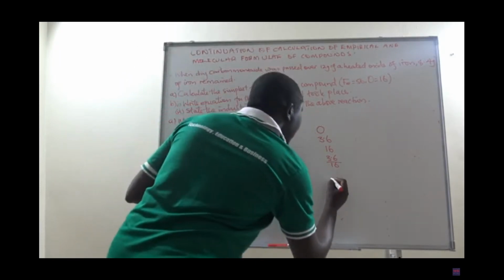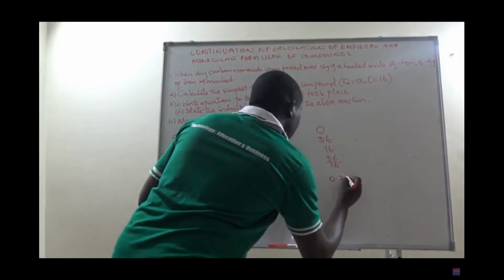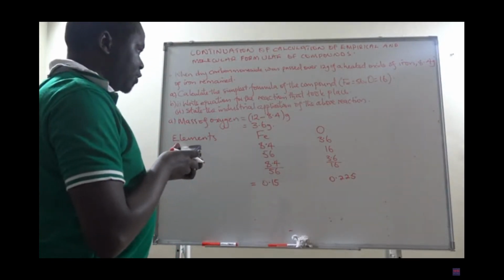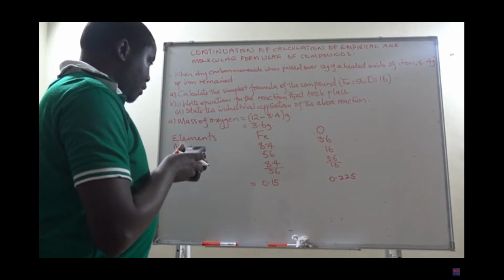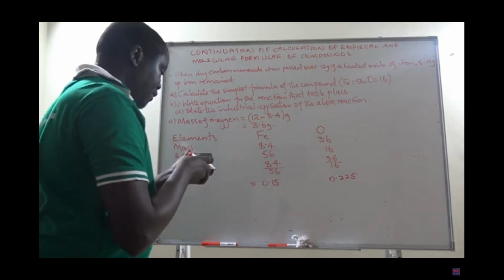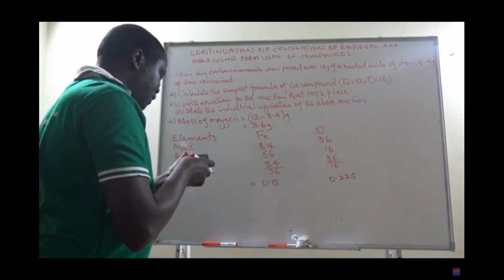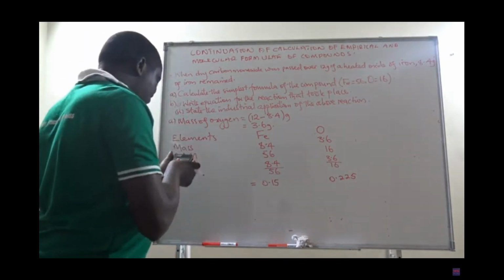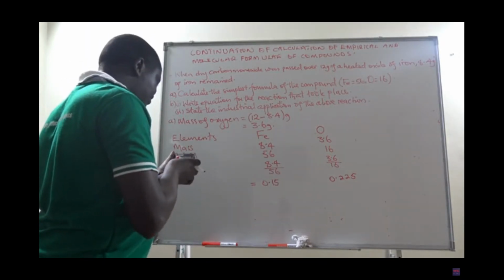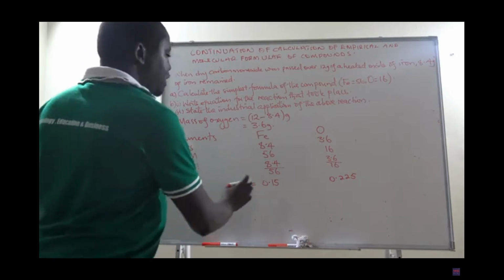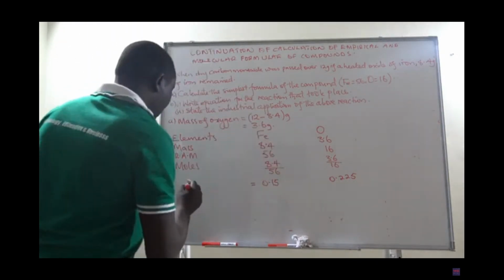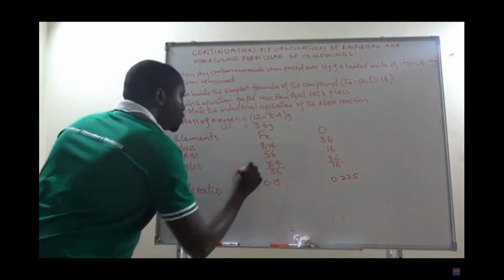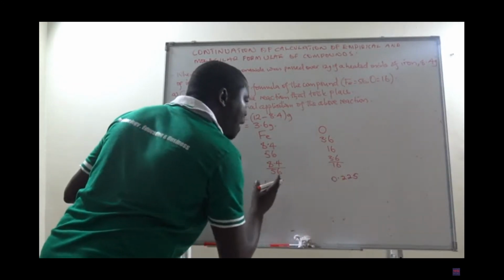This one has given me 0.225. So these are the number of moles of each element that we have got. For oxygen it is 3.6 divided by 16, which is 0.225, and for iron it is 8.4 divided by 56, which is 0.15. So these are the number of moles. Don't round off. Let's come to the mole ratio. So for the mole ratio, we are going to divide by the smaller number of moles.